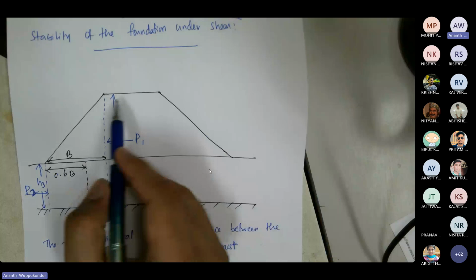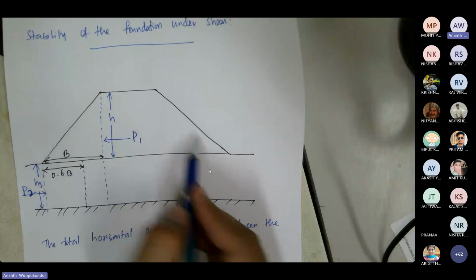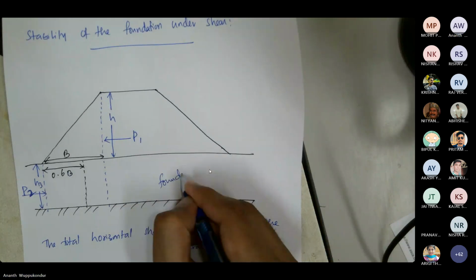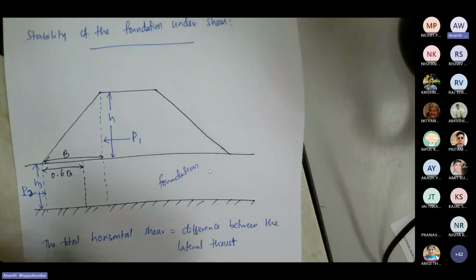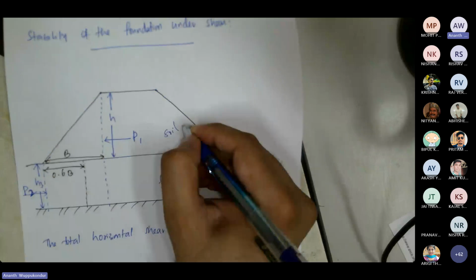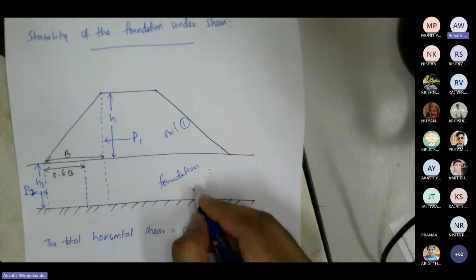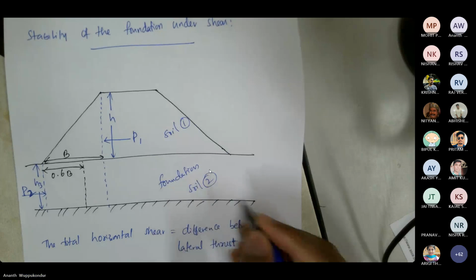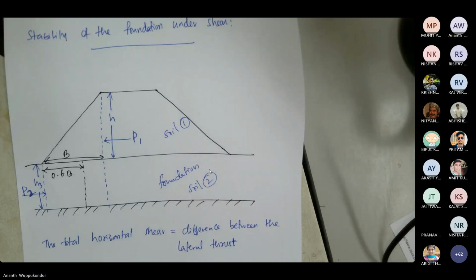So let us say this is our embankment as usual, and this is our foundation. So for embankment, I'm using some soil 1, and for foundation, I'm using soil 2. So there are 2 different types of soil in both embankment and the foundation. Now we want to calculate if the foundation is safe against horizontal shear.